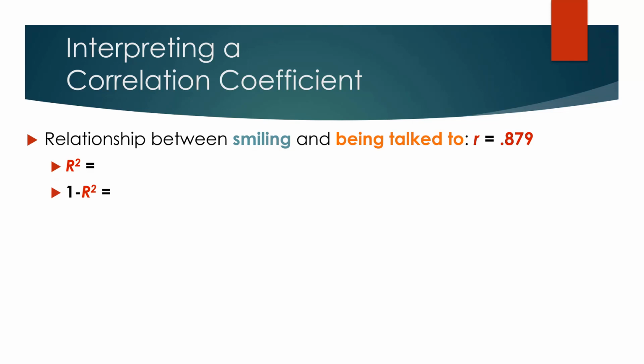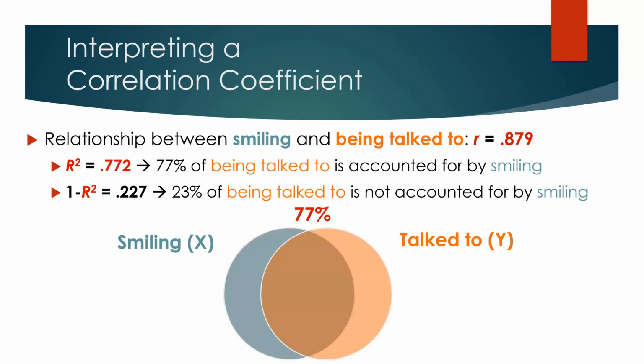Now, if you did that, what you should have gotten is an r squared of 0.772 and a 1 minus r squared of 0.227. If we round these and turn them into percentages so we can talk about them a little easier, we could say that based on the coefficient of determination, we know that 77% of y's variance, 77% of being a top 2, is accounted for by smiling, x's variance.